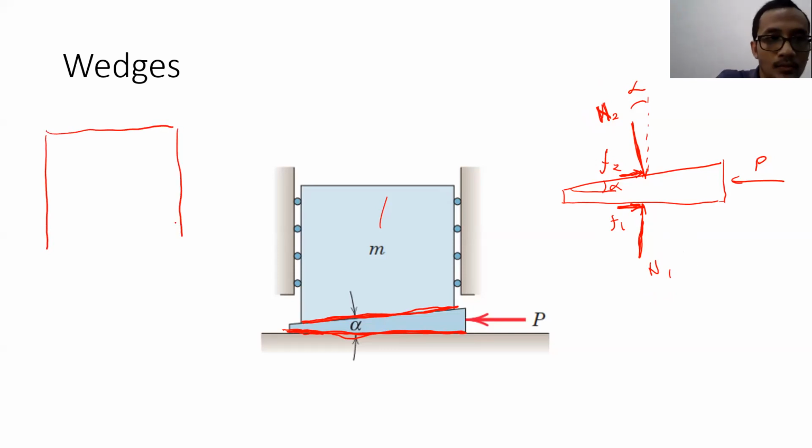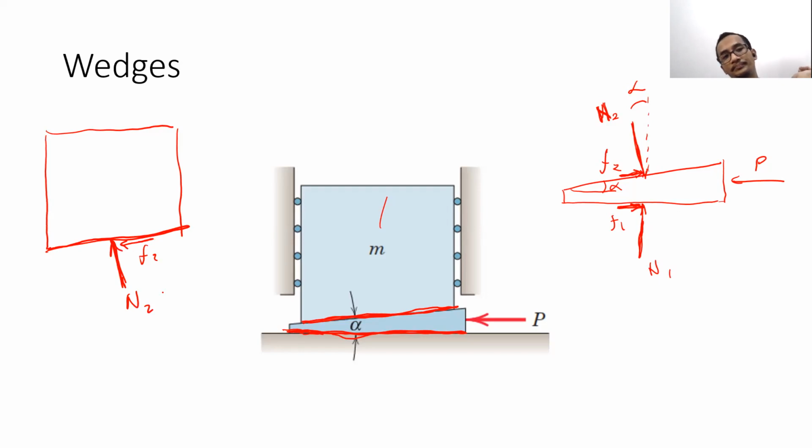This is in order to find normal force 2. So normal force 2 is supposed to be like this, and the friction force is supposed to be going the other way. And there will be weight, M multiplied by G. Then the roller on the wall.